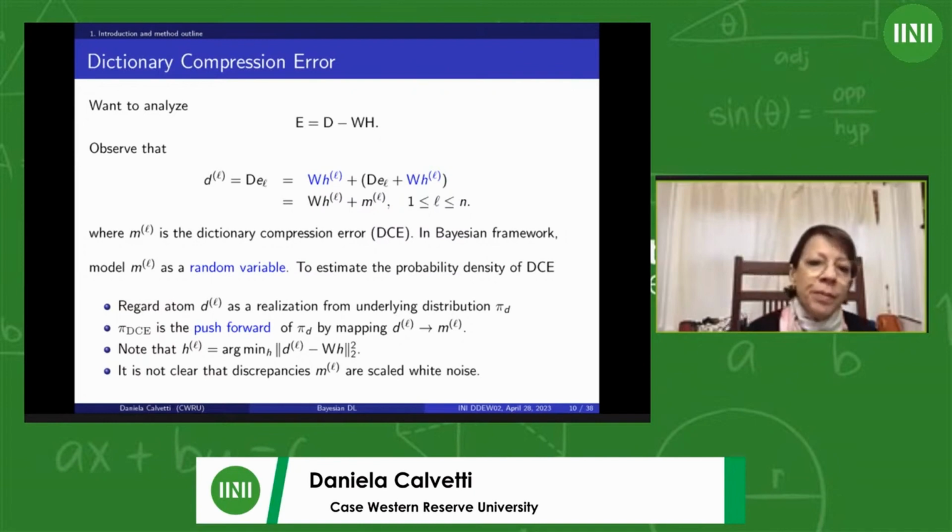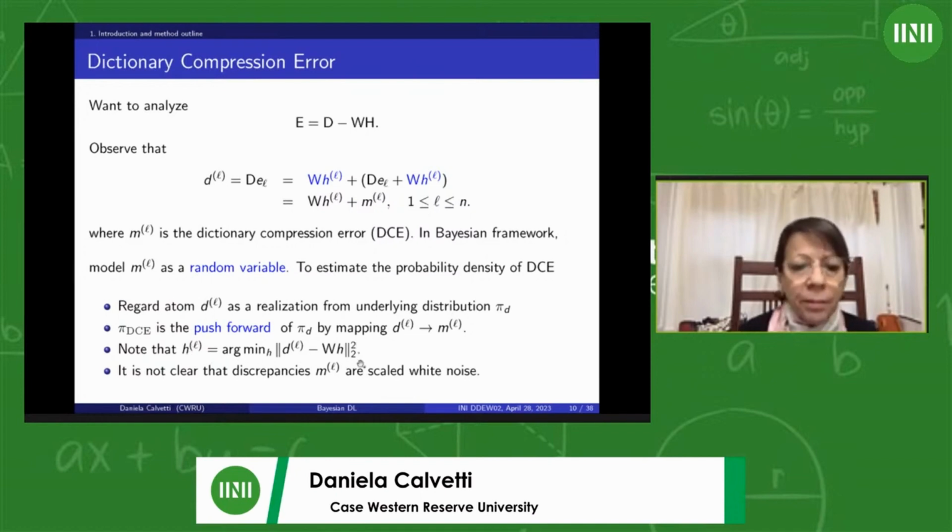And we can think of the probability density of this dictionary compression error as being the push forward of this probability by the mapping that takes D into this error, which is now computable because we have the original D, and all we have to do is solve the compressed dictionary representation. The way in which we compute H_l is just by solving a least squares problem.